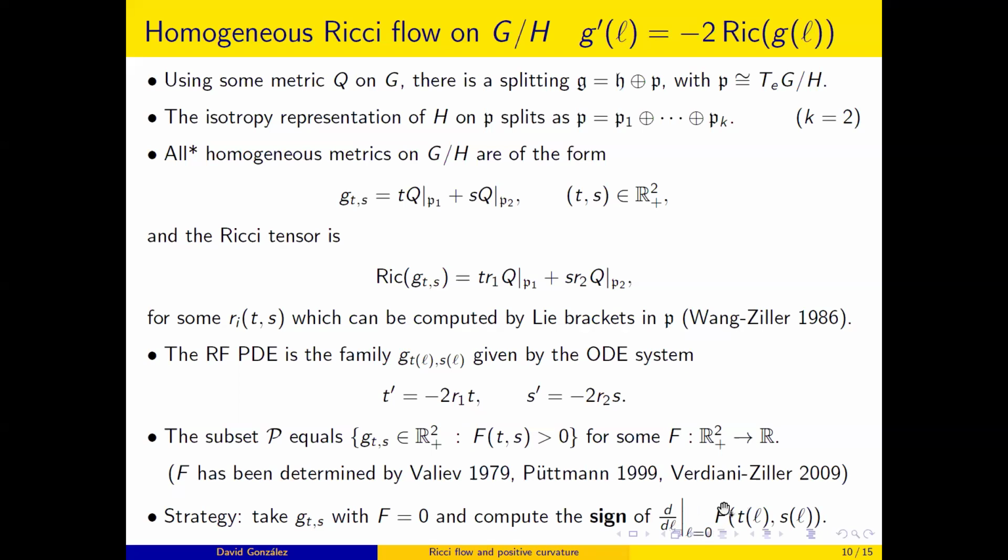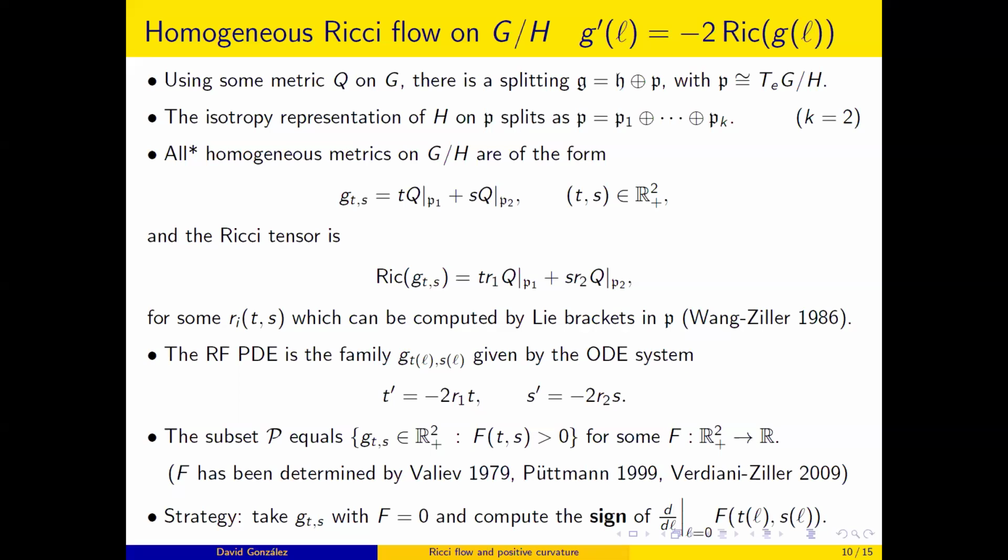Because if the derivative of f applied to the Ricci flow is positive, that means that when you run the flow, f is growing. And if f is 0 at the beginning and it starts growing, it means that f becomes positive, so we have positive curvature. If instead the sign of the derivative is negative, this means that f starts decreasing, so it becomes negative. So the metrics do not have positive curvature.